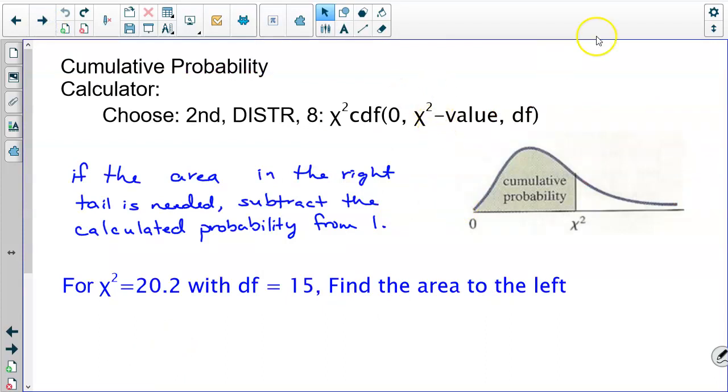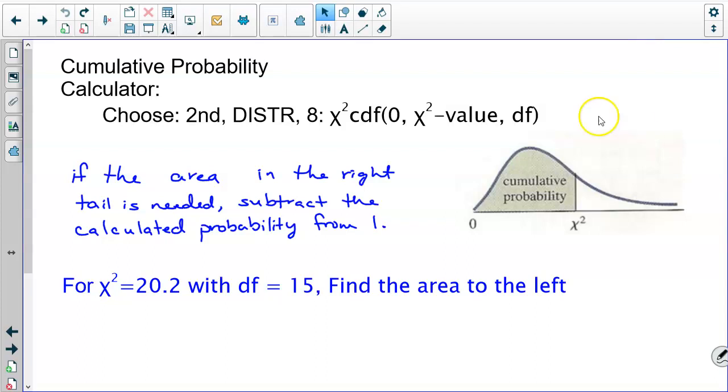Okay. All right, so we again are going to be using our calculator to find the cumulative probability. So again, that's second, then you hit distribution, so second vars to get the distribution. This time we're going to choose chi-square CDF. And remember, I'm going to pause, let y'all write, and then I'll talk. All right, so we did this with the t-distribution, remember?